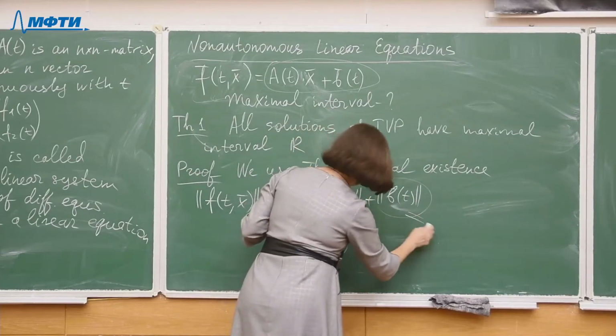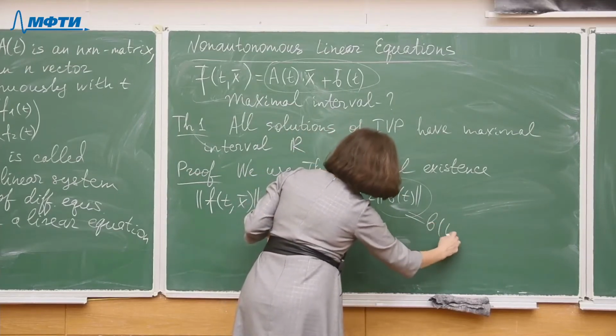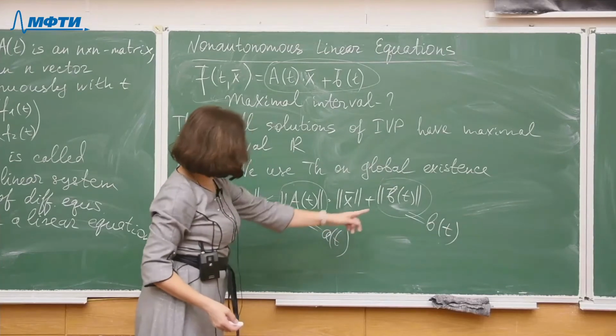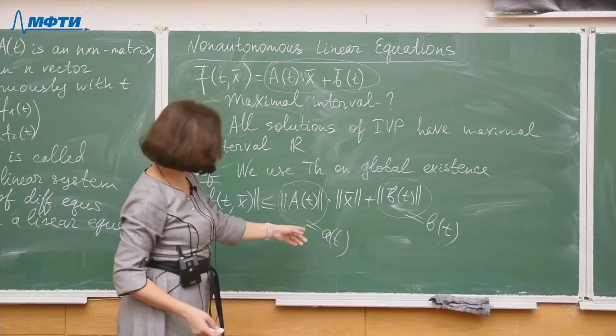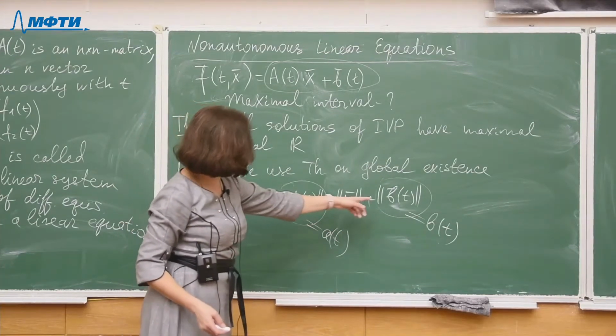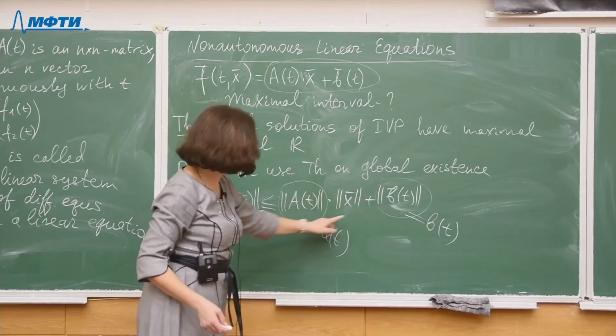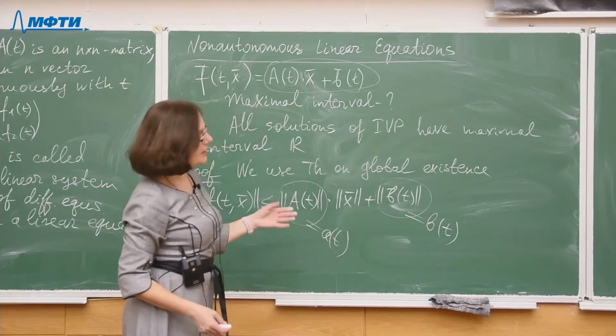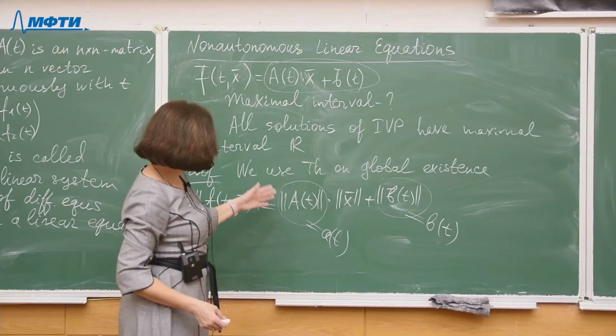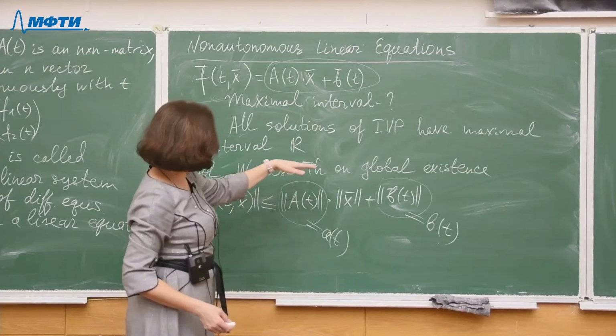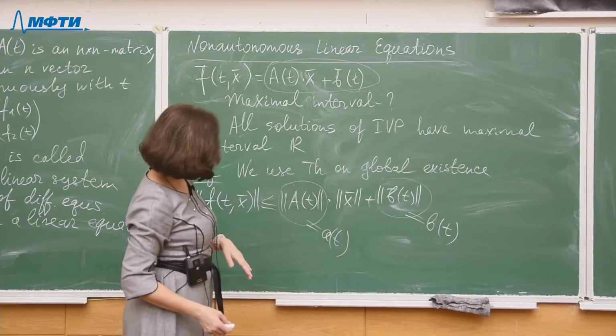And this is B of t. These functions are both non-negative because they are equal to norms. They are non-negative and continuous. And so we can apply the theorem on global existence.